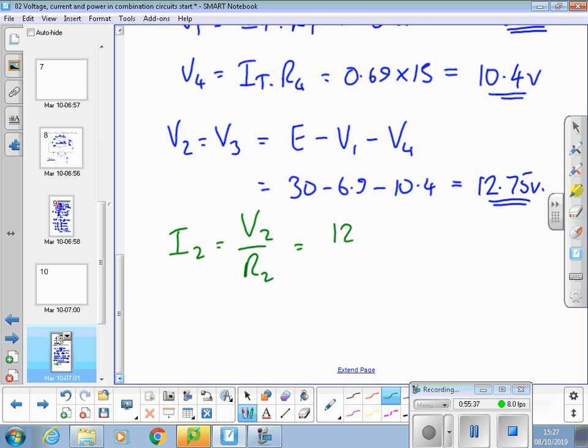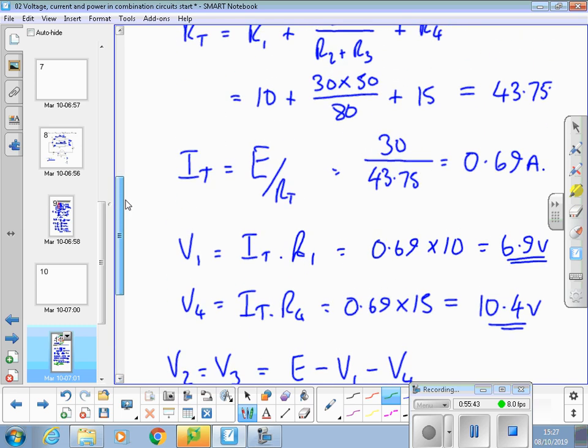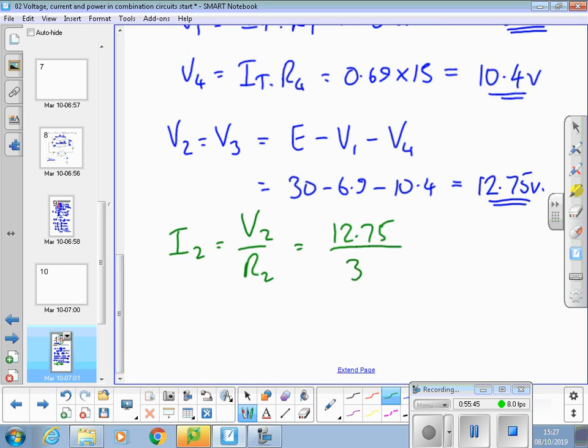That's 12.75 over, what's R2? 30, equals, and I3 is V3 over R3, 12.75 over 50, innit?